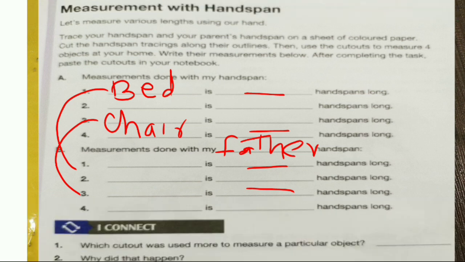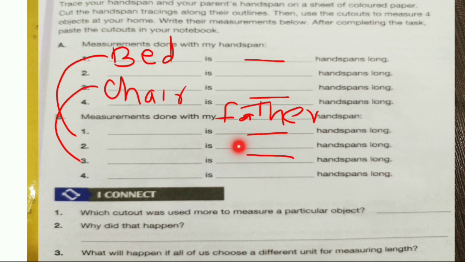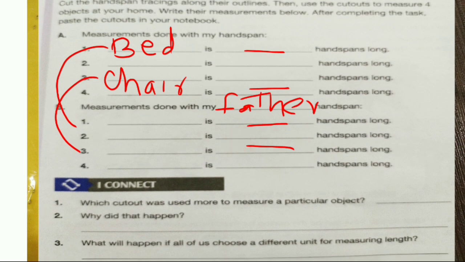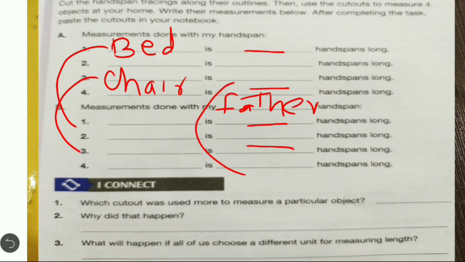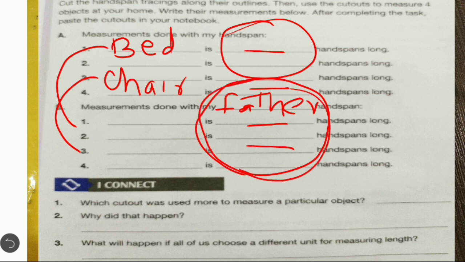Now the next question is: which cutout was used more to measure a particular object? You can use the cutout you have made, or you can say directly according to your observation. Obviously your hand span answer is more, because your hand span is small and your father's hand span is big.